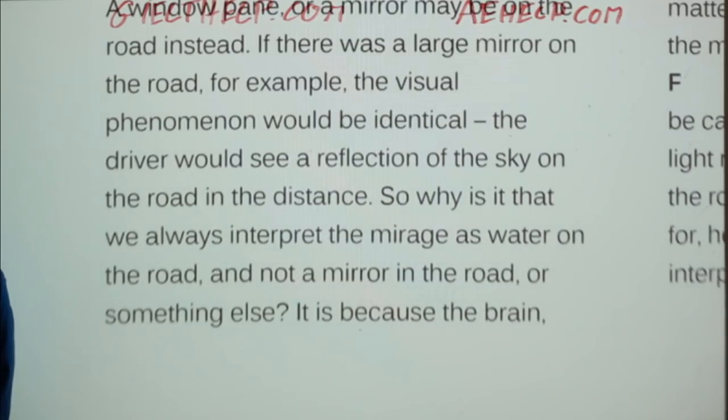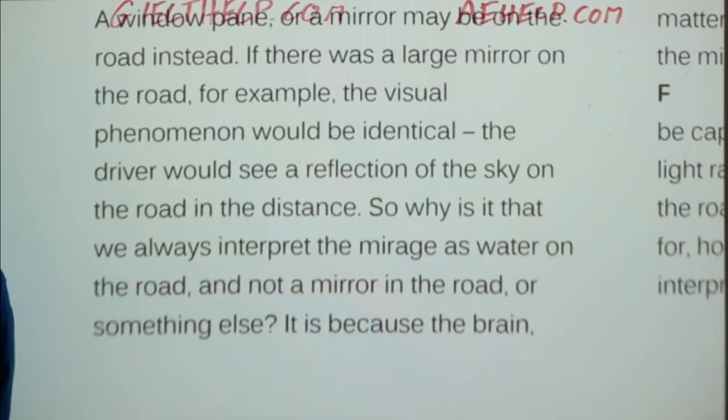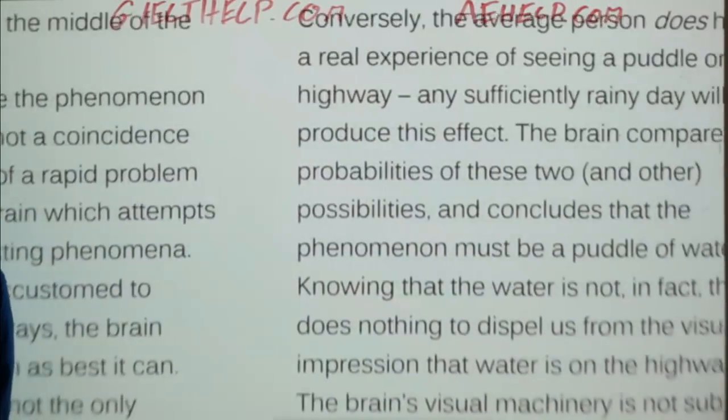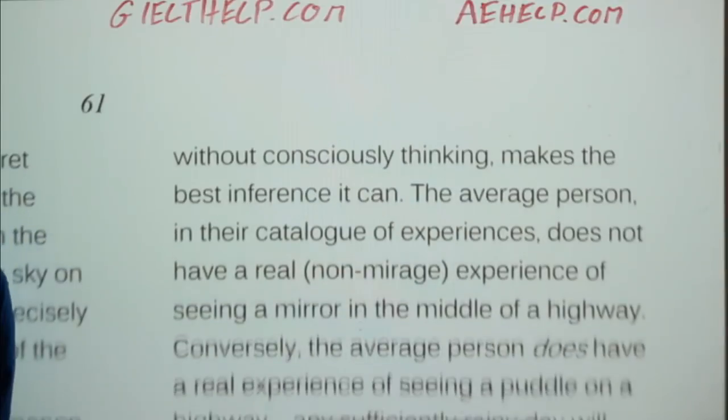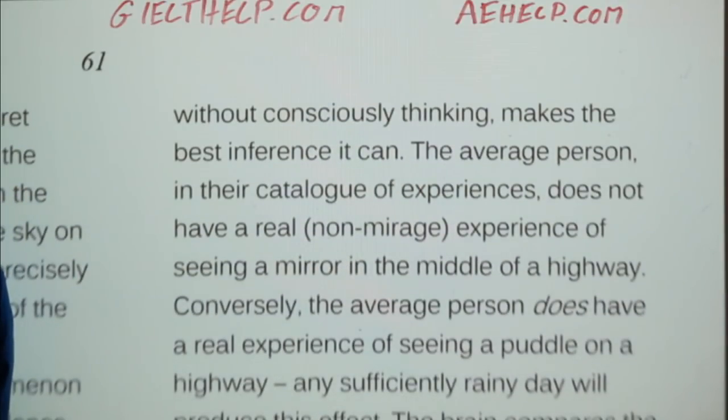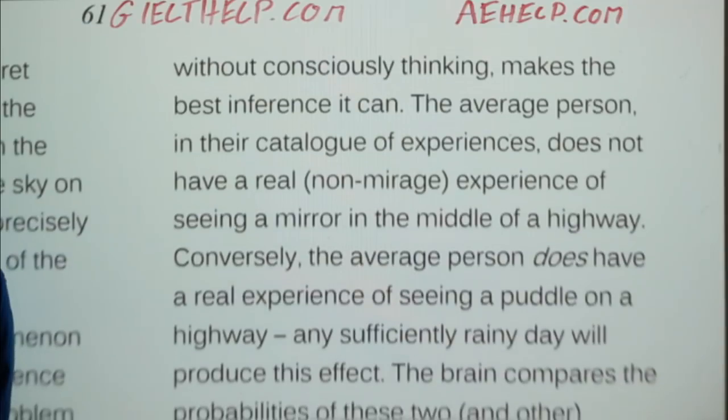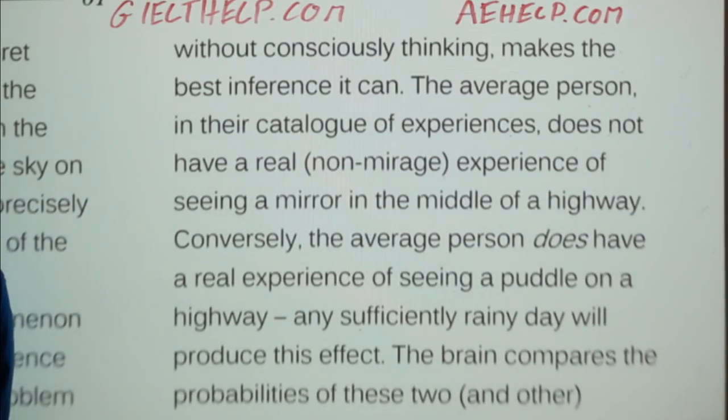So why is it that we always interpret the mirage as water on the road and not a mirror in the road or something else? It is because the brain, without consciously thinking, makes the best inference it can. The average person in their catalogue of experiences does not have a real, non-mirage experience of seeing a mirror in the middle of a highway.